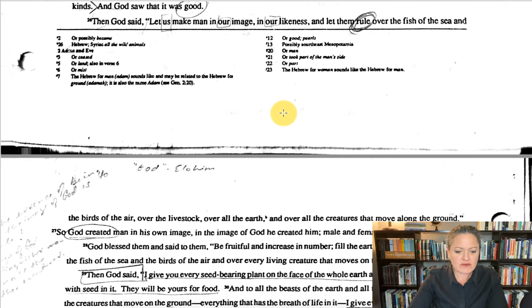Now, remember, this is also the scripture of the Hebrews, the Jewish people. And so Christians like to say, oh, look, this is a sign of the Trinity, when God is speaking as plural. "Let us make man in our image, in our likeness." I would say that is probably a warranted reading for Christianity.